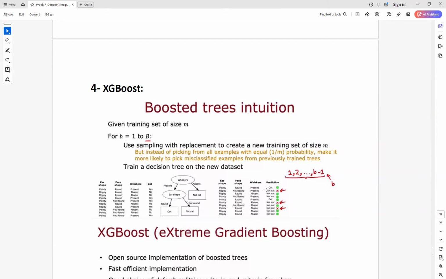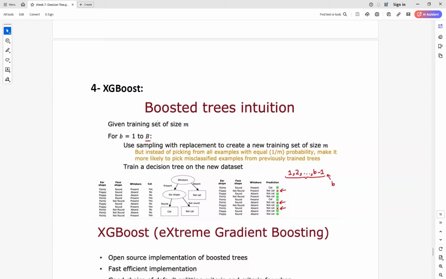In the second step, the XGBoost uses those misclassified examples from previously trained trees to create the new data table. And then it trains the second decision tree on the new data table.